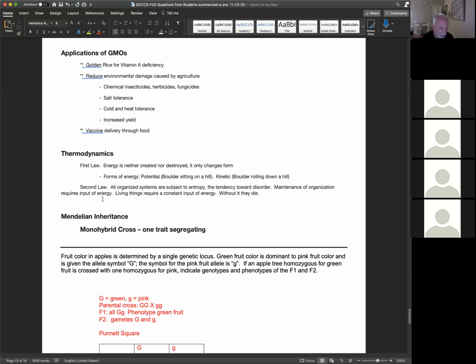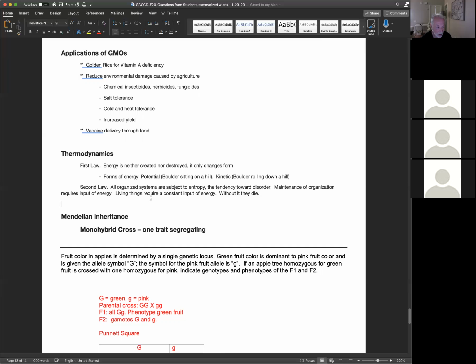The second law is of particular relevance in biology because all organized systems are subject to entropy. Entropy is a tendency toward disorder. So in order to maintain the organization of a system, it requires energy input.